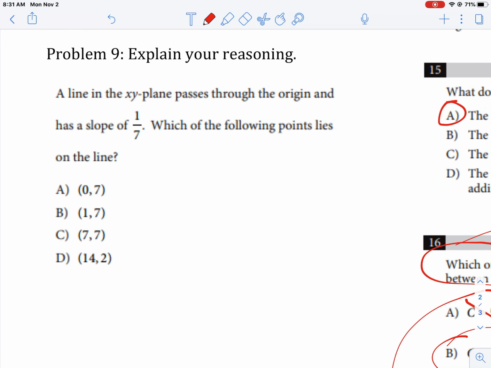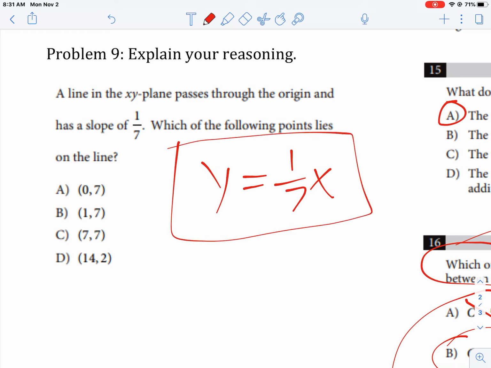Problem 9. A line in the xy plane passes through the origin, has a slope 1/7. Which of the following points lies on the line? Well, this is an easy one to get the equation of. The y-intercept is 0. Slope is 1/7. Which of the following points is on the line?